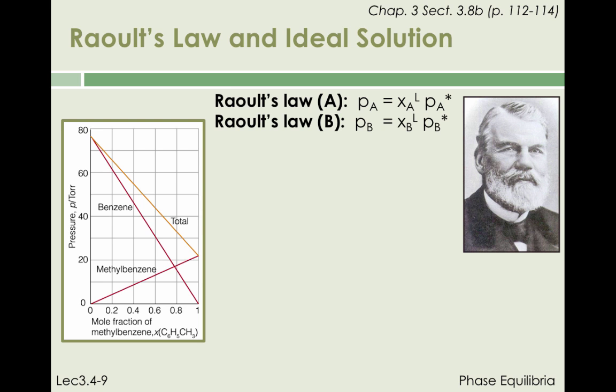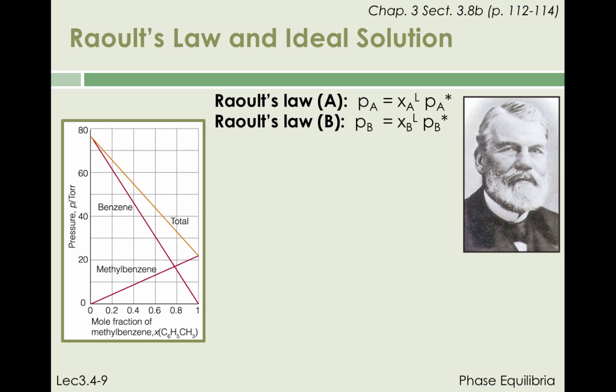These observations can be expressed mathematically as PA equals XAL times PA star and PB equals XBL times PB star.